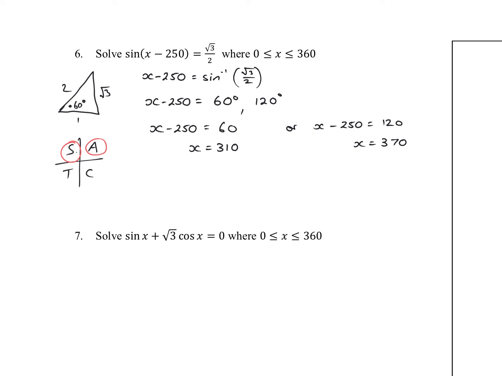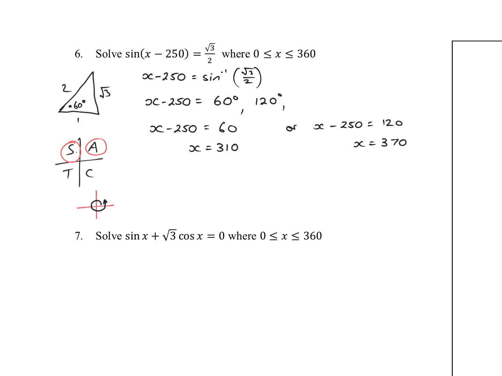Well, we've got our 310, but we've already got that one. But this 370, have a think, with 370 degrees we've gone all the way around and come back to here.